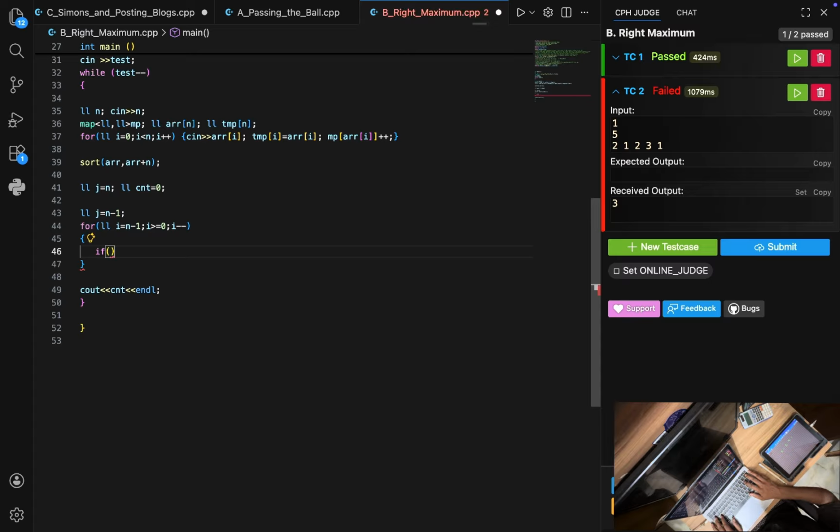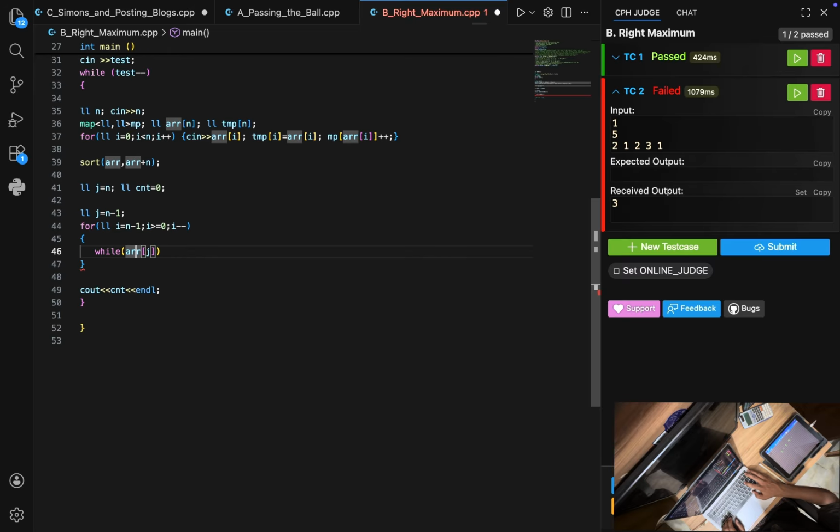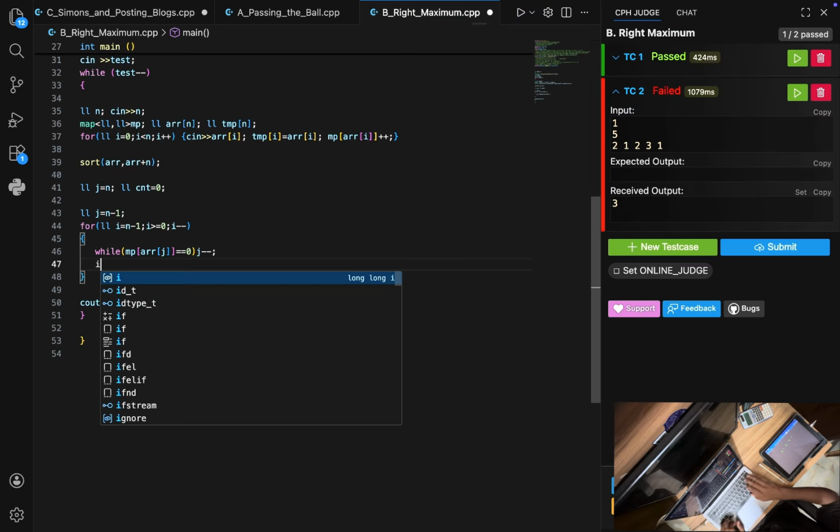While arr of j is not equal to 0, j minus minus.